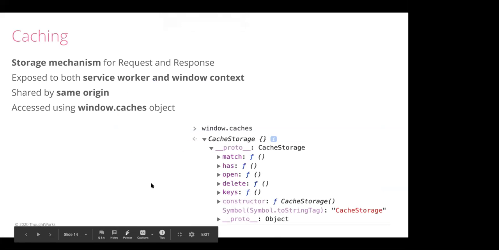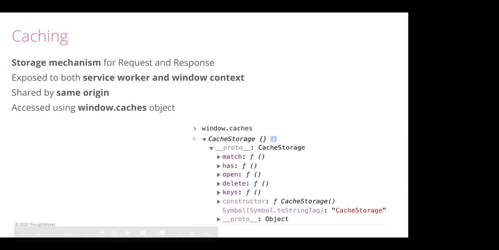So we have seen how the cache is working. It's a storage mechanism for your request and response. This is the way I was talking about. It's not actually a hack, it's a standard way of doing this. It is exposed to both your window and your service worker, so you can access it from the window, and the service worker can put data in this cache. These are shared by the same origin.